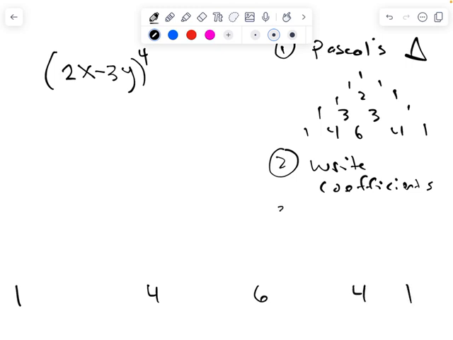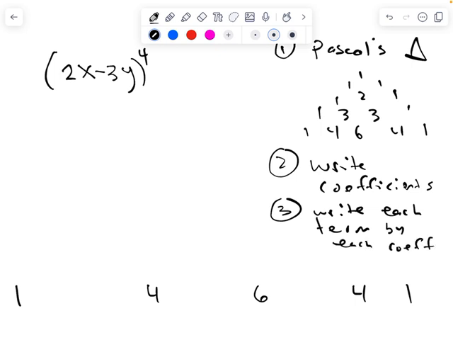Now, the next step is we are going to write each term by each coefficient. Now, what do I mean by each term? By each term, I mean this is a term and this is a term. And each of those terms gets copied by the coefficients.